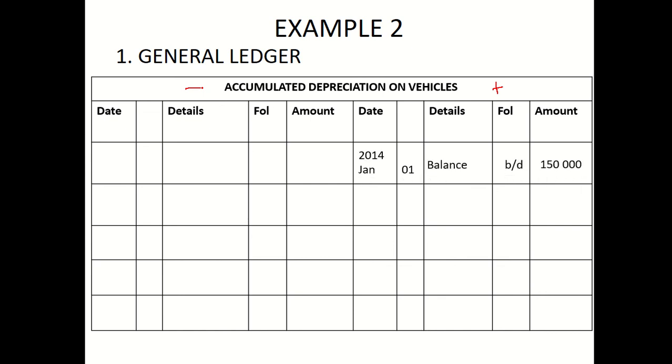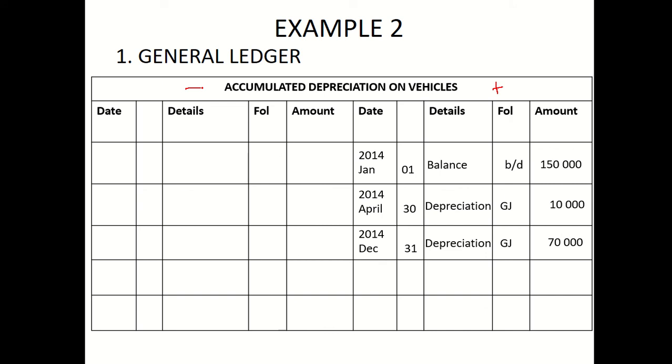And I did tell you guys it's 150,000 rand that was given to you in the trial balance. This account will increase by the depreciation of the asset sold, which was 10,000. Remember, we used this asset for 4 months. And then you can increase it again by the depreciation of the remaining assets, which is 70,000 rand.